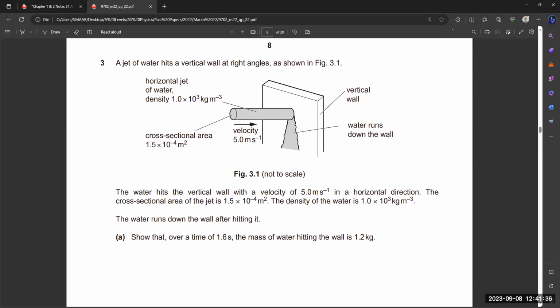So let's try to solve this one, because this question is from your dynamics section. There are some values given in the question.